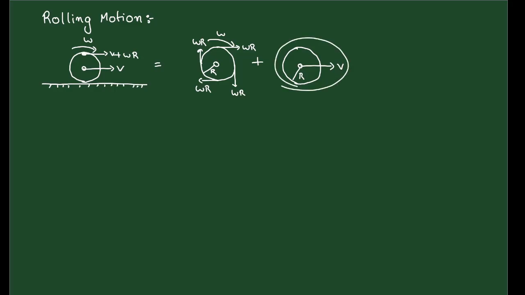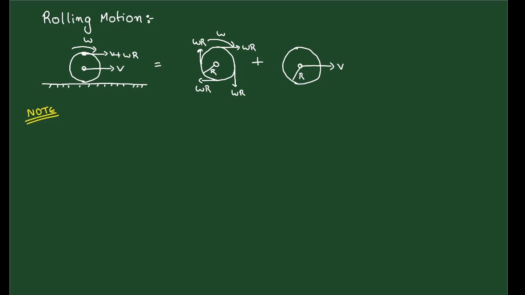Now there are a few things that you need to learn. The first thing is the condition for rolling motion. When is rolling motion possible? When is rolling motion not possible? One of the fundamental things that you need to keep in mind is that friction force is necessary for rolling.